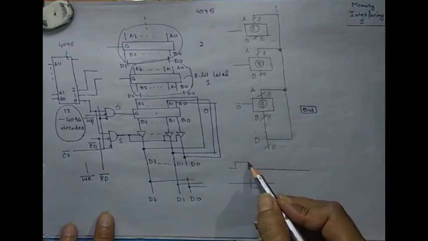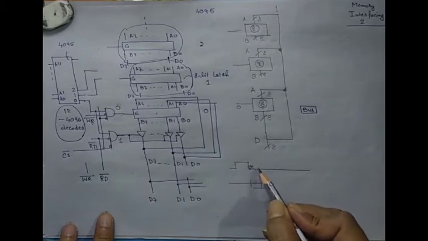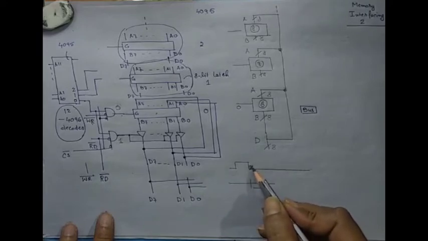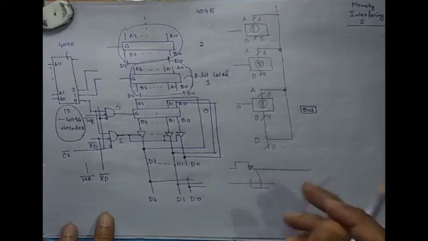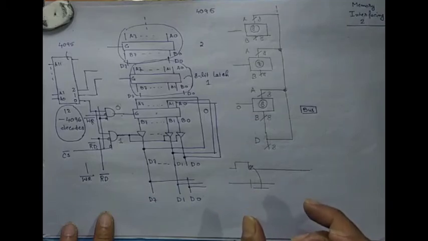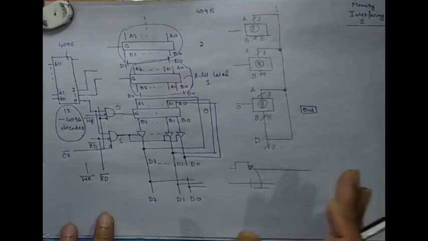And then when write bar goes to logic 1, that means when it is removed by the CPU, the output of the AND gate will go to logic 0, and at that point of time the latching will occur. So just at that point the 8-bit latch will latch the 8-bit data present at its inputs and from that moment onwards continue to maintain it at its outputs.